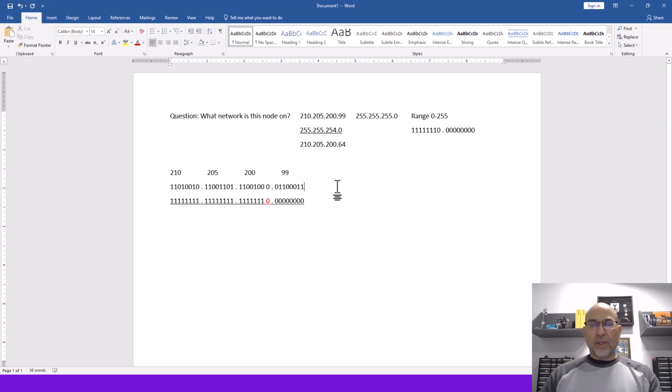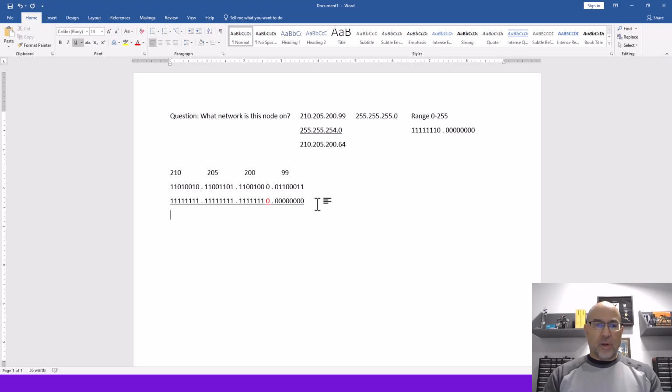And now the question is, what's the range of addresses? Well, if we just got done saying that where there's zeros, it doesn't matter what I put there, it also means that it doesn't matter what I put in that particular binary position either. So now the range of possible addresses just changed. In fact, it doubled because it's a power of 2.